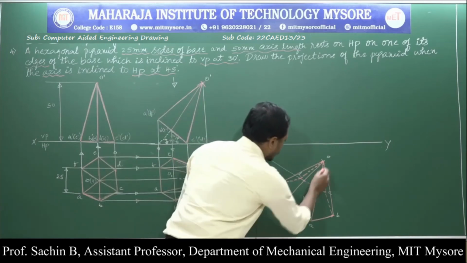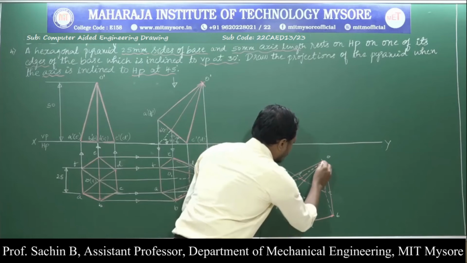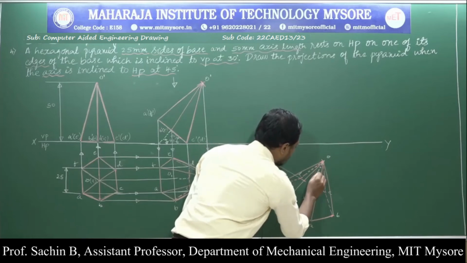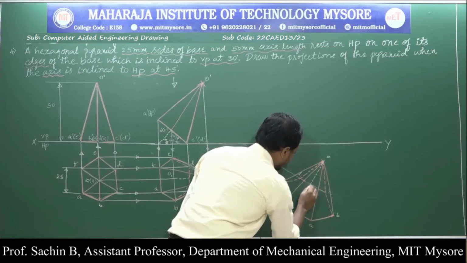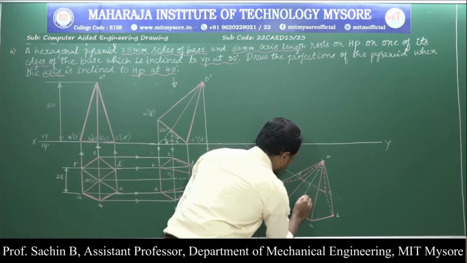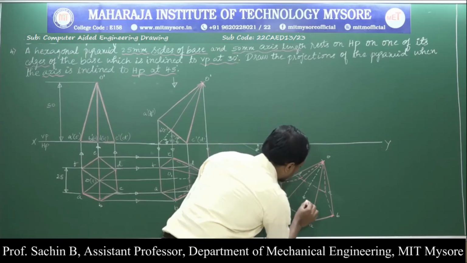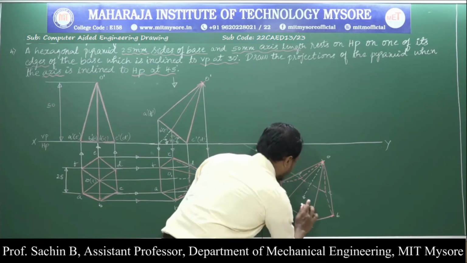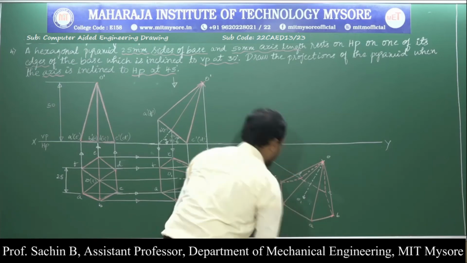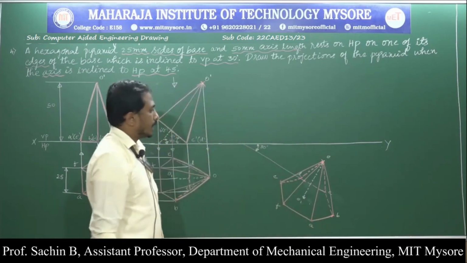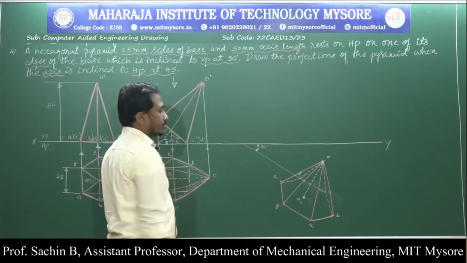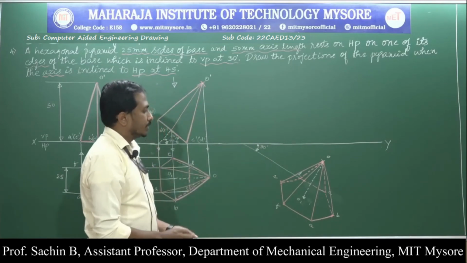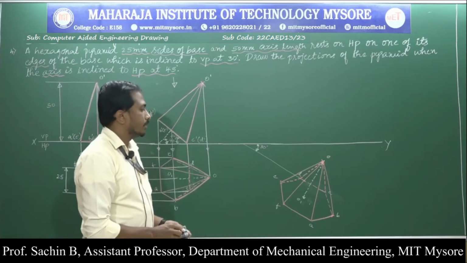Next, I will go for joining the axis. This is the O1 point. Okay, now in the last position, the base edge, that is the resting edge, gets inclined at an angle of 30 degree.